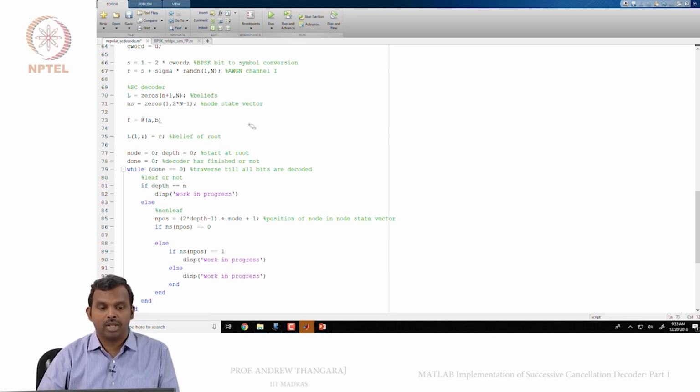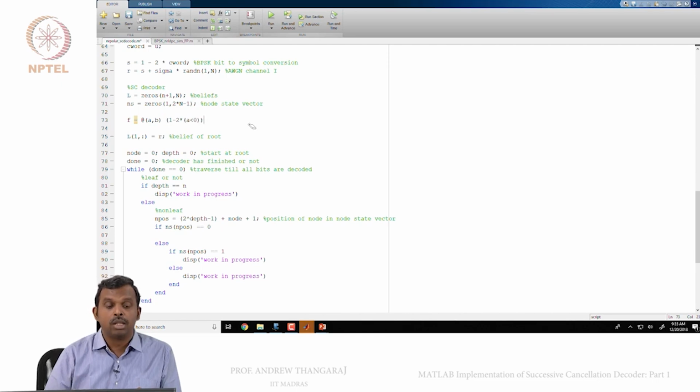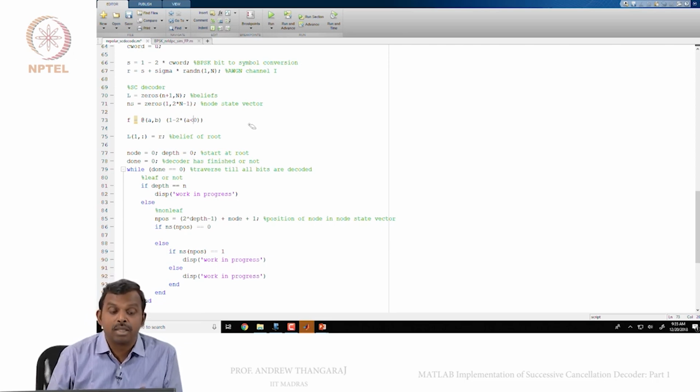So, that is not very nice. So, maybe we can do this modified thing, right. So, we can say 1 minus 2 times a less than 0, right. So, if a is greater than or equal to 0, no, maybe I should put here, yeah, a less than 0. Yeah, this is good, because then if a is negative, this is going to be minus 1. If a is 0 or positive, this is going to be plus 1.